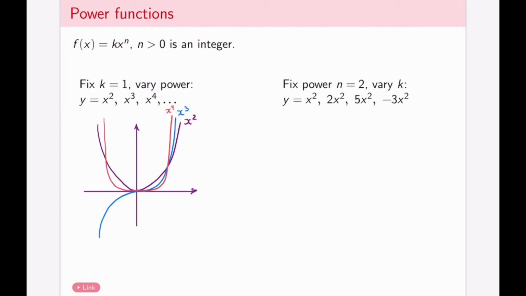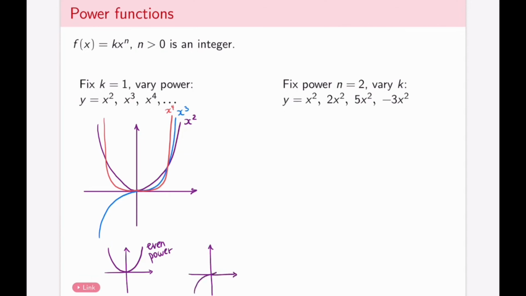And let's pretend that this is symmetric with respect to the y-axis. So generally, what we have for our functions is that if the power is even, we're going to get a parabola-like shape, even power, and if the power is odd, we're going to get a snaky-like shape, okay?